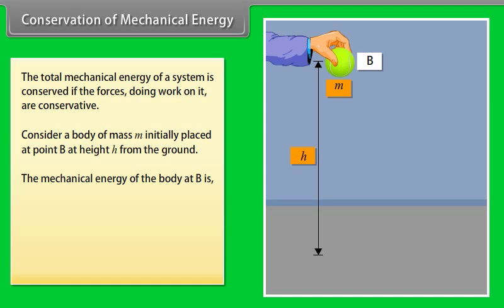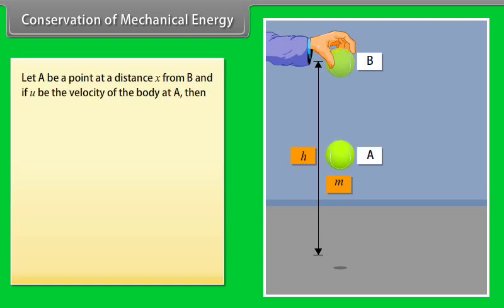The mechanical energy of the body at B is equal to the kinetic energy of the body at B plus the potential energy of the body at B, which is 0 plus mgh, equal to mgh.